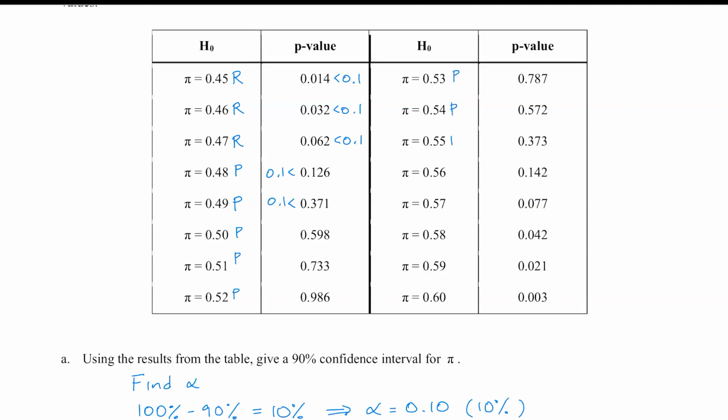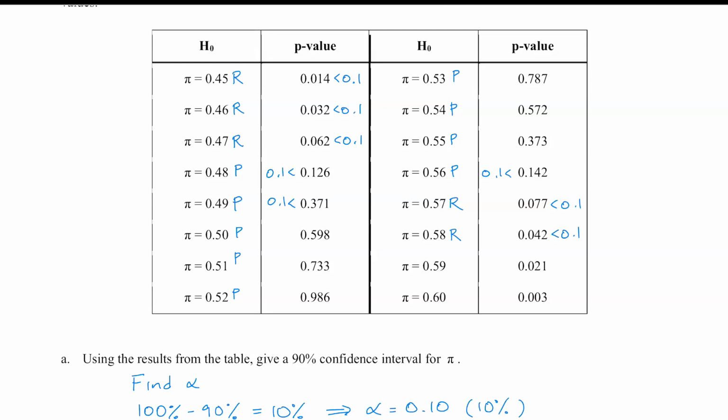And notice, as I work my way down now, the p-values are getting bigger and bigger, so they're all greater than 0.1, plausible, plausible, plausible. 0.142 is bigger than 0.1, so pi equal 0.56 is plausible.